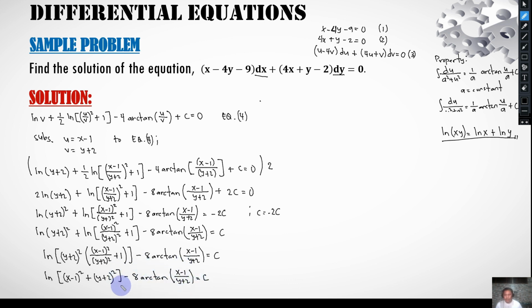No? So, ito yung answer natin, students. This is now our solution actually. This is now our solution of the given differential equation. Okay, so as what I've said, no, students, medyo mataas-taas yung calculation natin dito ngayon sa ating sample problem, no?